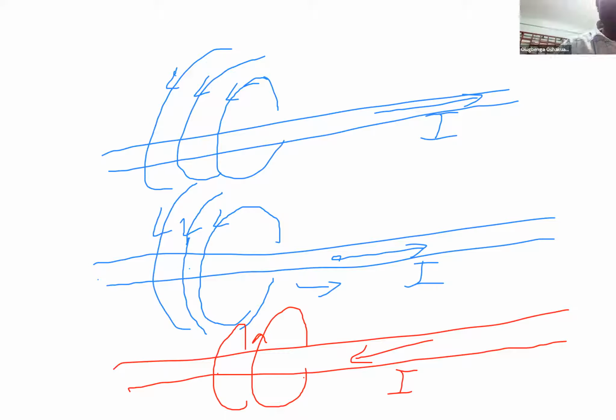If my thumb should point leftwards, holding this conductor, you should expect my other fingers to curl in this direction. And according to the right hand rule, that will mean that the direction of magnetic field will be opposite that of the blue ones, and the force that will be created would oppose each other. And that will lead to repulsion.